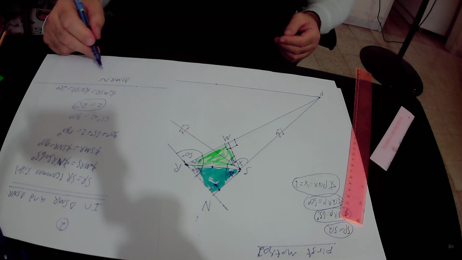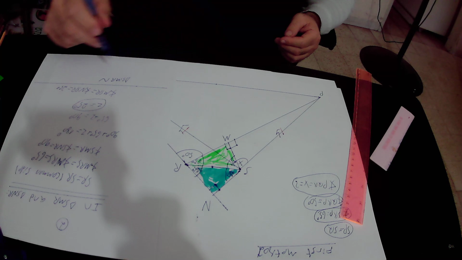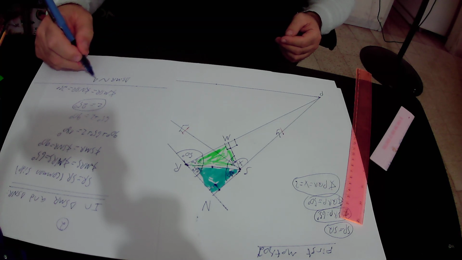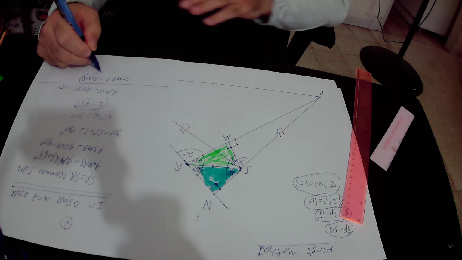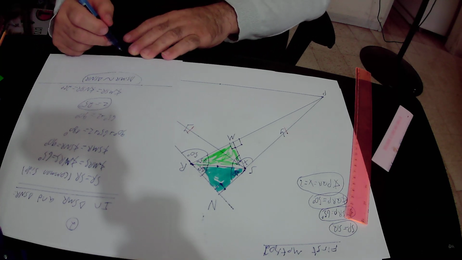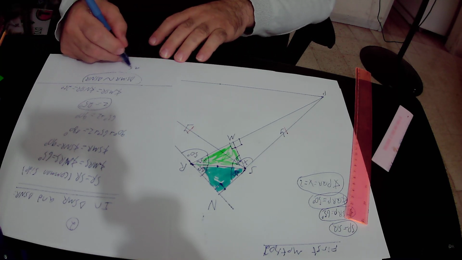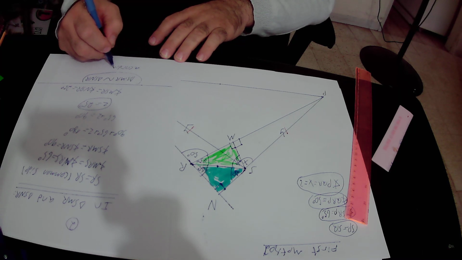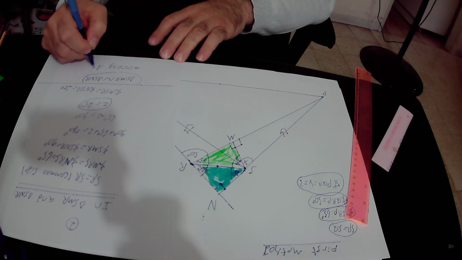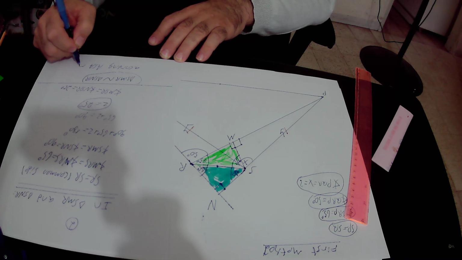This is the sign of congruent. Triangle SMR is congruent to triangle SNR, the blue triangle, according to the angle side angle rule.